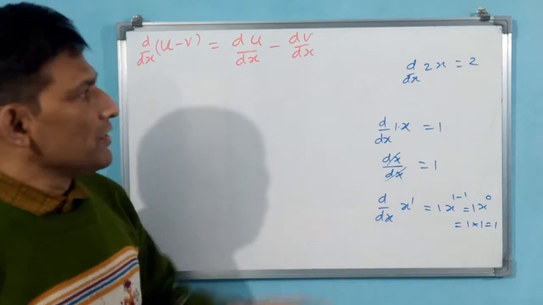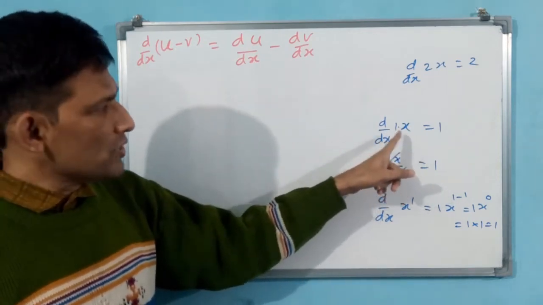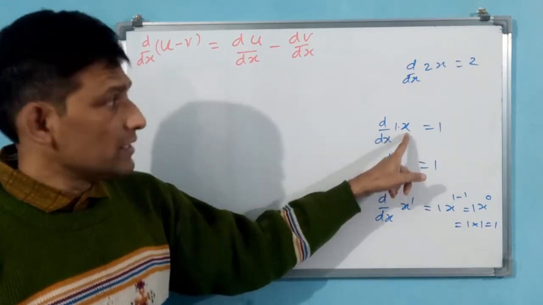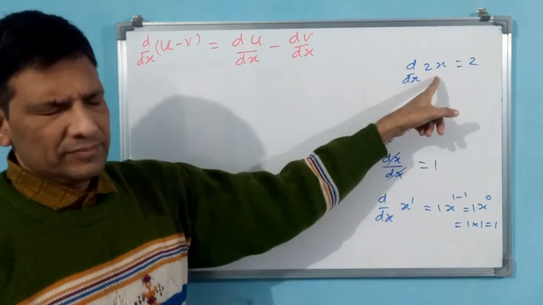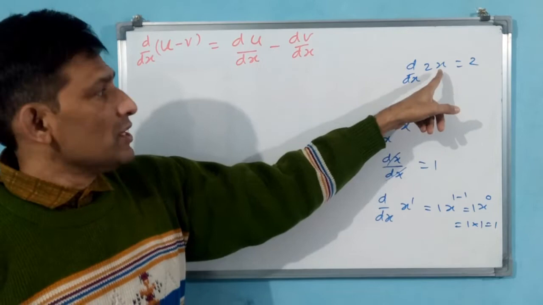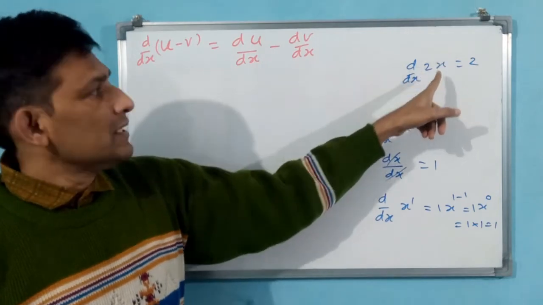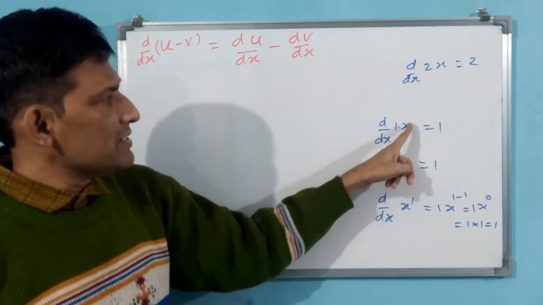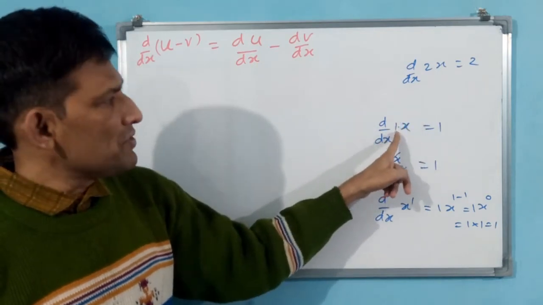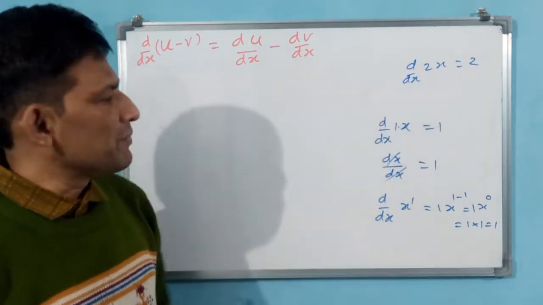d by dx of x is equal to d by dx of 1 into x you can think. d by dx of 2x is 2 means automatically, see, the scalar or we can say coefficient. So when x is having power 1, then the coefficient is the derivative, that's all. When x is having power 1, coefficient is 1. This is one procedure.